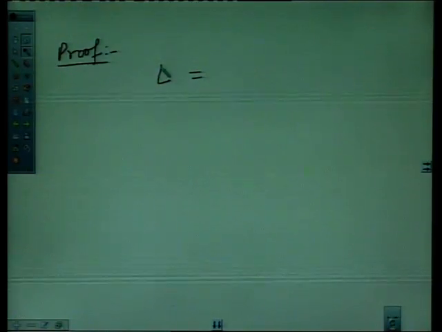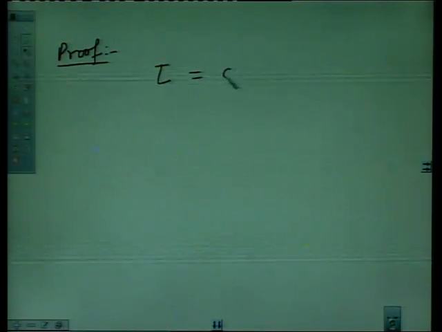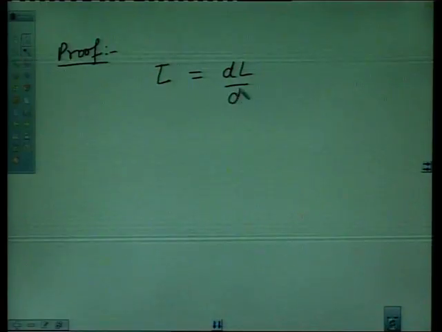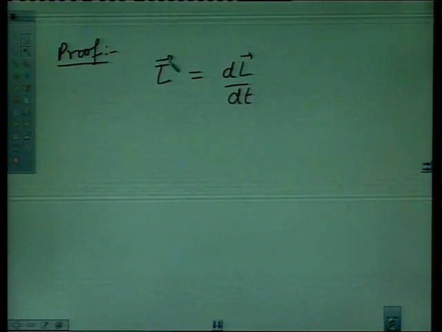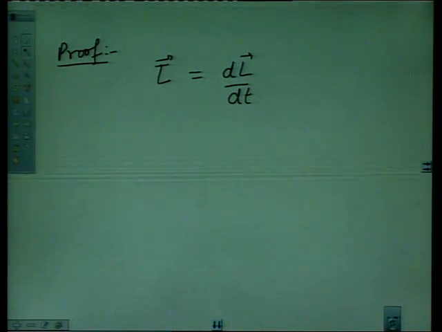The relation between L and torque is torque is equal to dL upon dt. Both are vector quantities. So, we have torque vector is equal to dL vector upon dt.